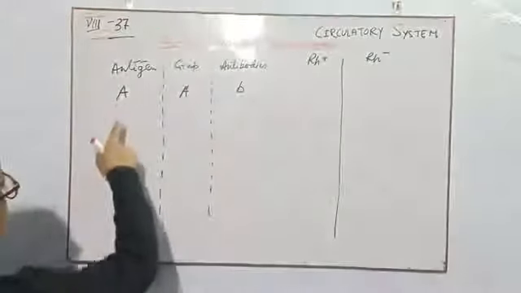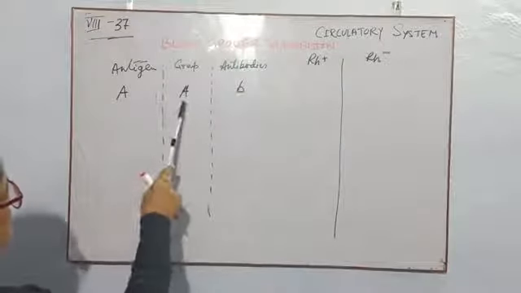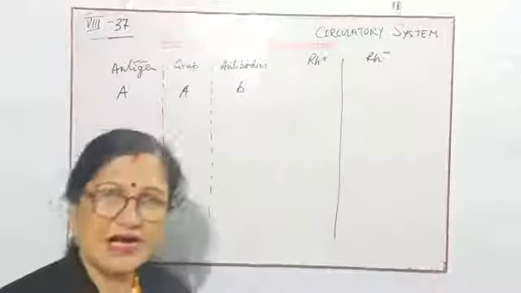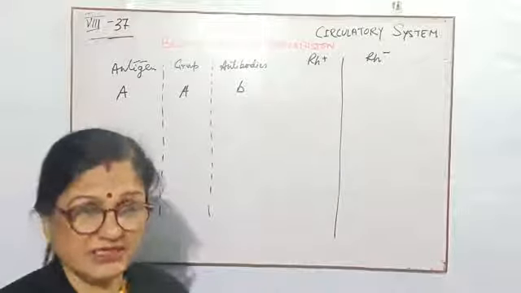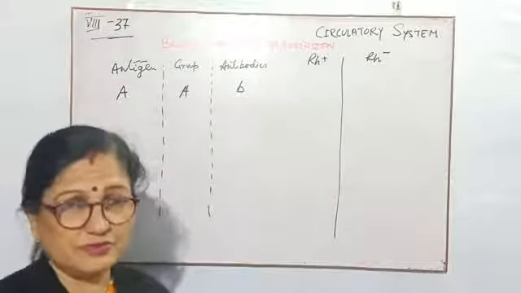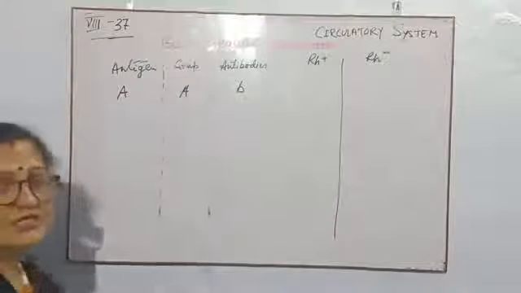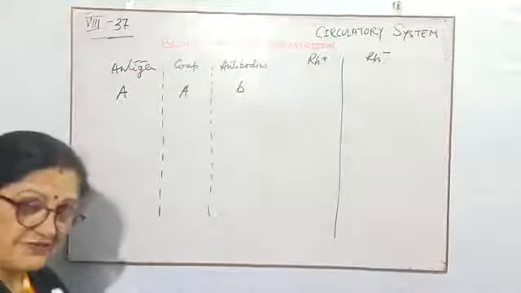First of all, if we have antigen A, then our blood group will be A. And to fight against germs, our body will produce another protein, known as antibody, and this antibody is small b. Please children, mention it very properly.